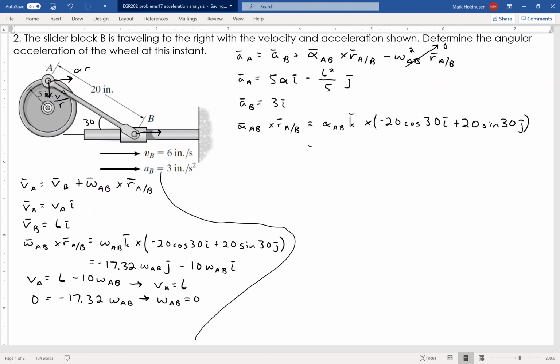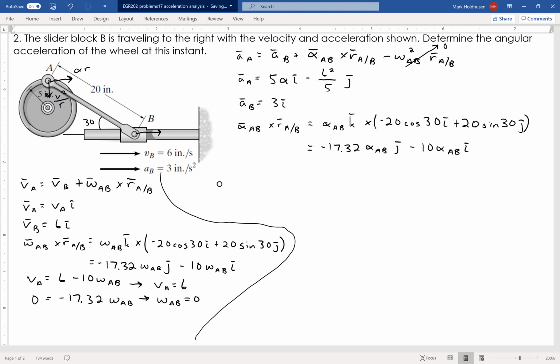Doing that cross product, I get something pretty similar to what I had in the velocity equation. I get negative 17.32 alpha AB in the j, and minus 10 alpha AB in the I.